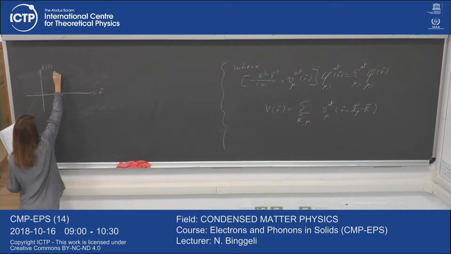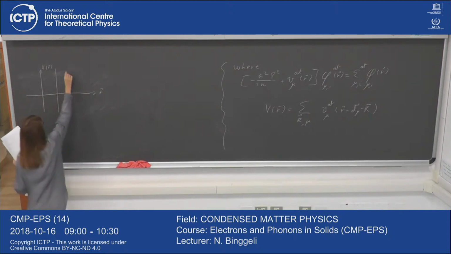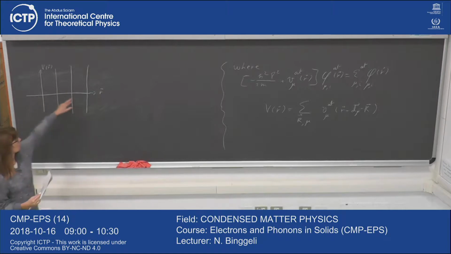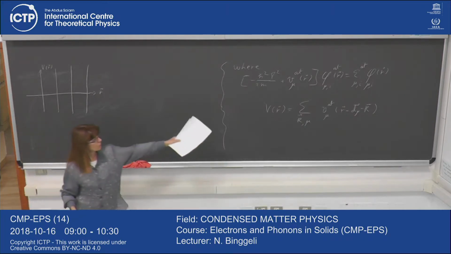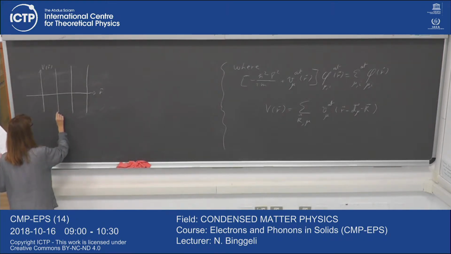I have my atoms on a line. I go along a line that goes through a row of atoms as usual, and if I consider the atomic potential V atom centered on each of the atoms, I have a Coulomb type of potential, let's say.